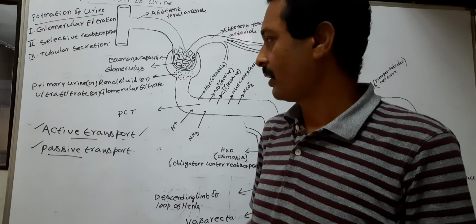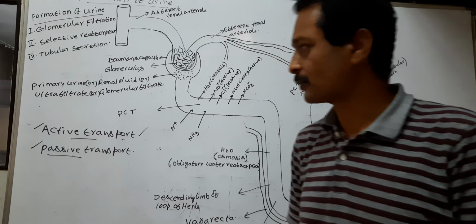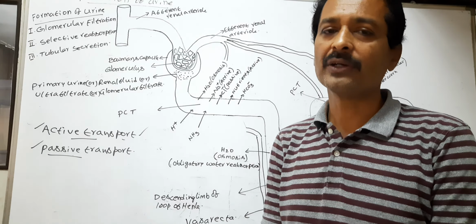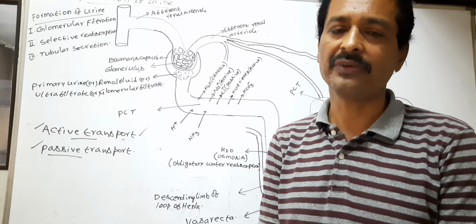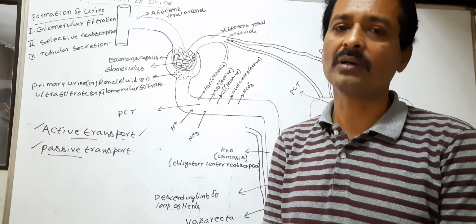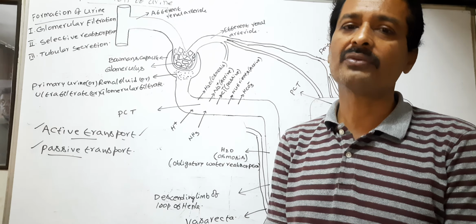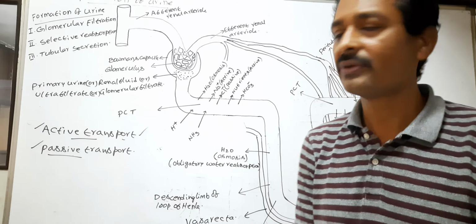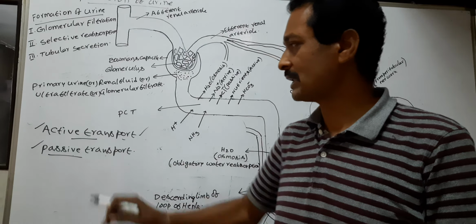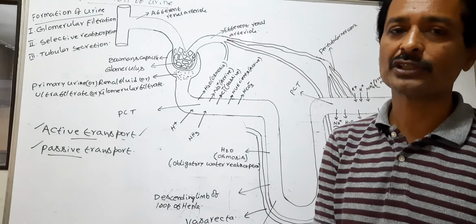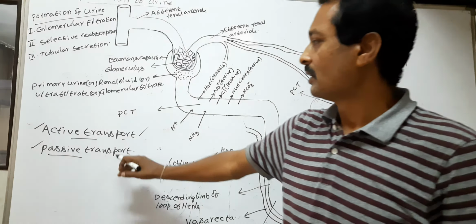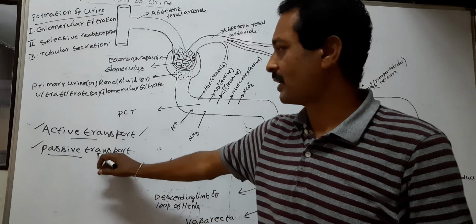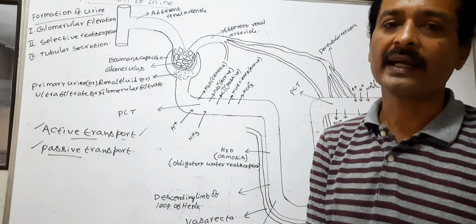Next, passive transport. What is passive transport? The biochemical substances which transport from the area of high concentration to the area of low concentration are called passive transport. Energy is not required for passive transport.